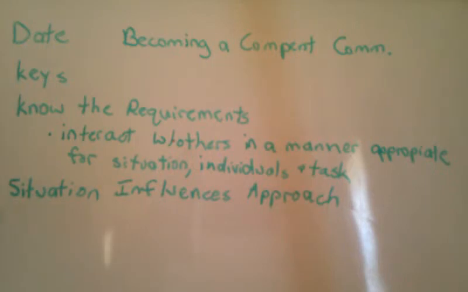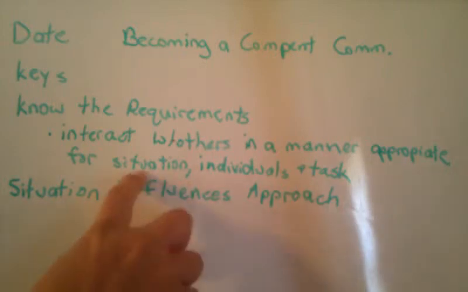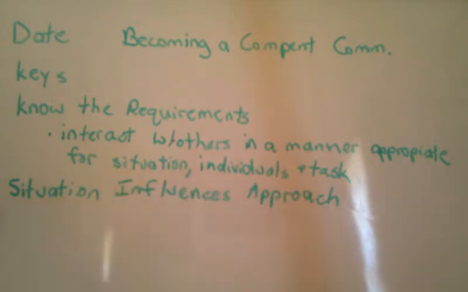Appropriate for the individuals. Our communication competence is evaluated in terms of the person with whom you are communicating. Let the situation influence, now the individuals. As you learned in the example of speaking to an employer versus your coworkers, how you communicate depends on who receives your communication.